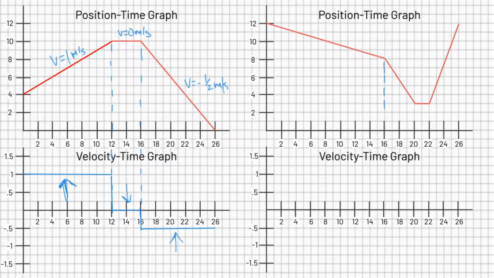So same thing, I'm going to draw a dotted line down here to mark our transition points. Okay, so the slope of this first part here is -1/4.